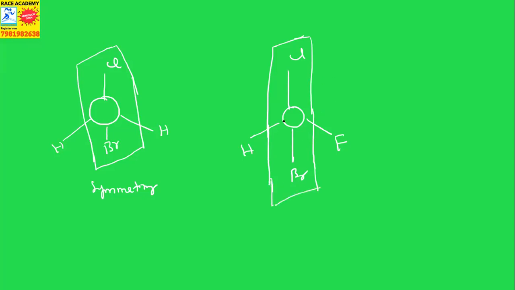Different things are present around it. That's why we will call it asymmetric. Understand? An organic compound molecule is asymmetric if it has no plane or center of symmetry. This is the example. Likewise, there are non-superimposable mirror images.